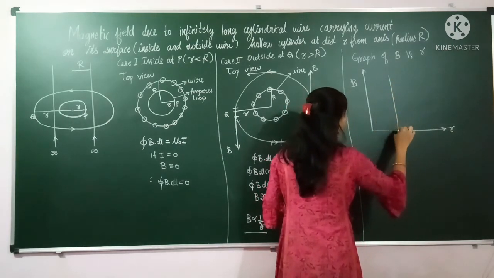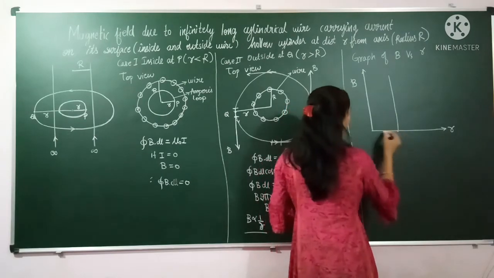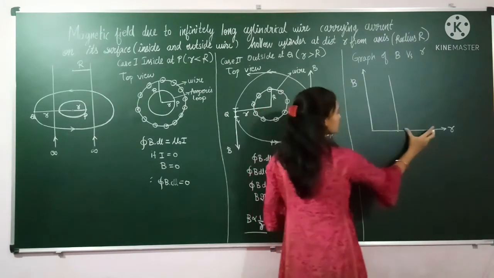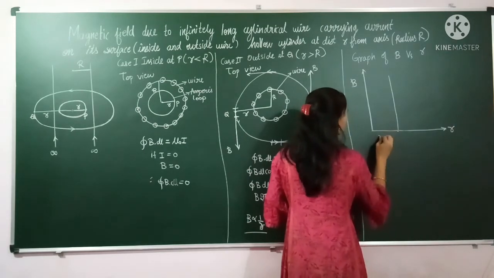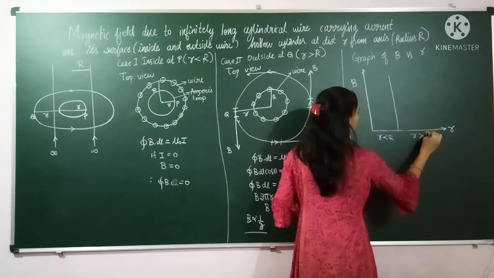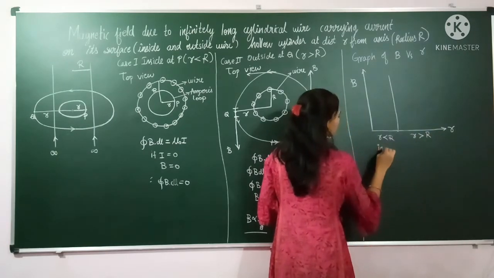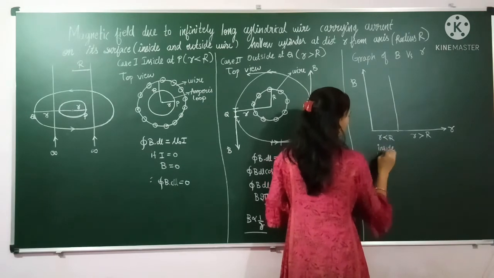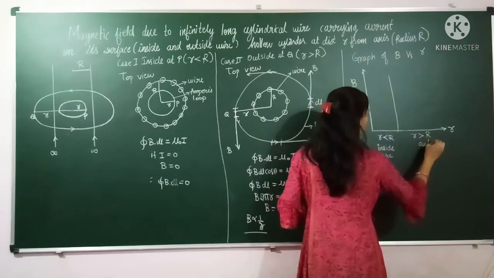This is our cylinder of infinite length. This portion is the inside of the cylinder and this portion is the outside. So here r is less than R and here r is greater than R. So here I will write inside wire and here it is outside wire.